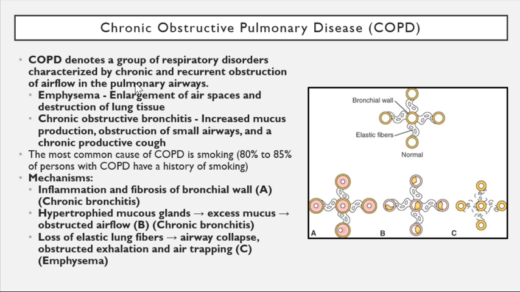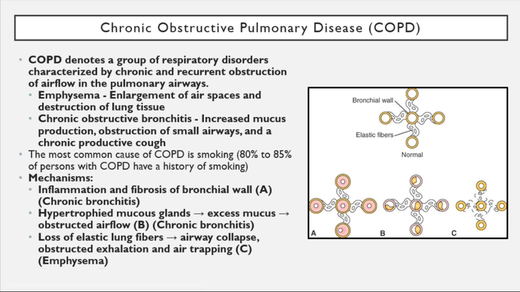Emphysema is the enlargement of air spaces and destruction of lung tissues, and chronic obstructive bronchitis is an increase in mucus production in small airways and a chronic productive cough, right? You know what that means, right? There are dry coughs and productive coughs. Productive would be producing mucus. It's like when you cough something up, something actually comes up. Dry cough is where nothing comes up.